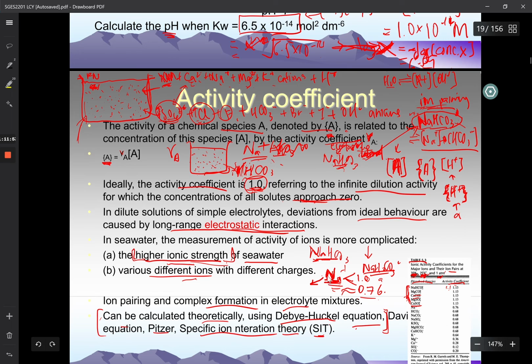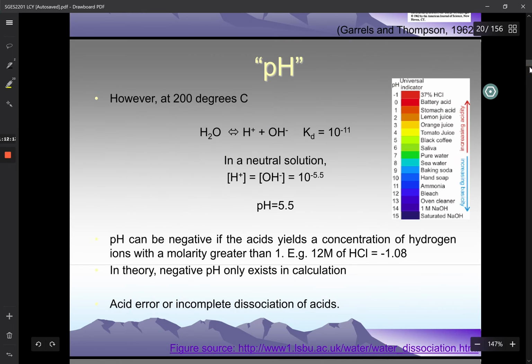It is useful especially when we model. We want to model what sort of species and concentrations we are supposed to get. So this is the idea of the activity coefficient.